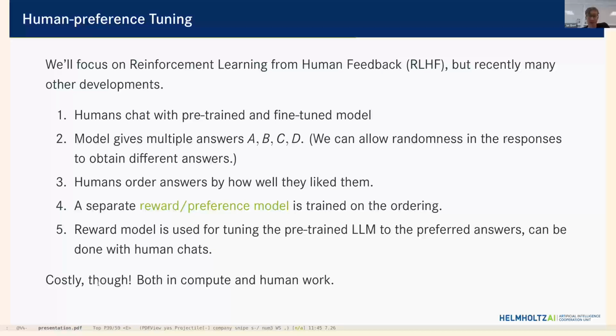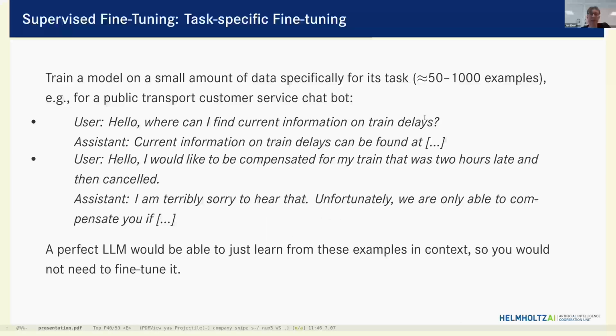Of course, we need all these humans doing the work, and also this optimization of the LLM takes a lot of compute resources. So this is something that people have been less inclined to do these days, at least with this certain RLHF way of doing it.